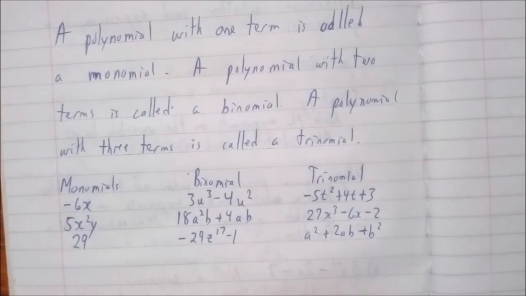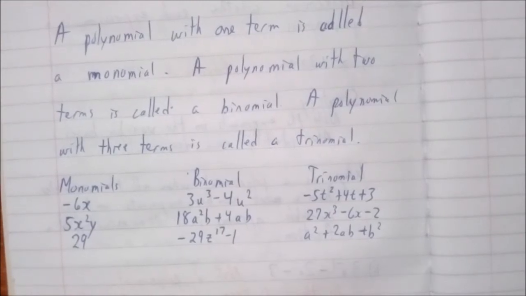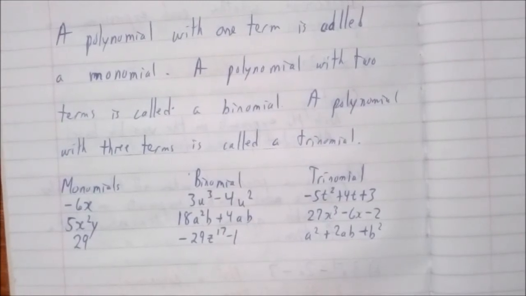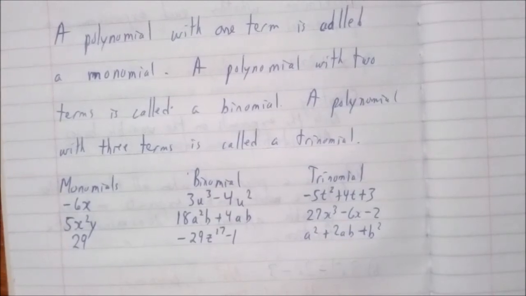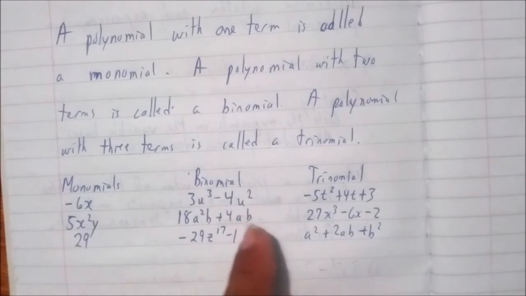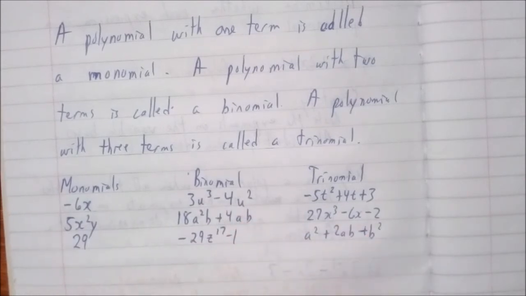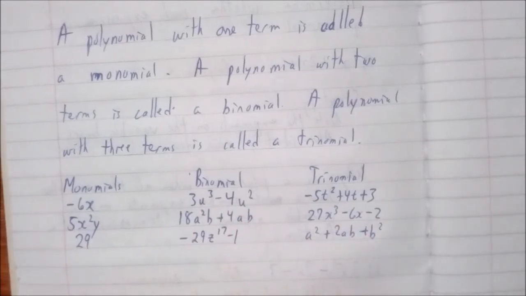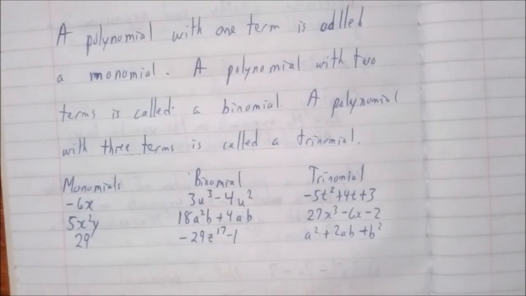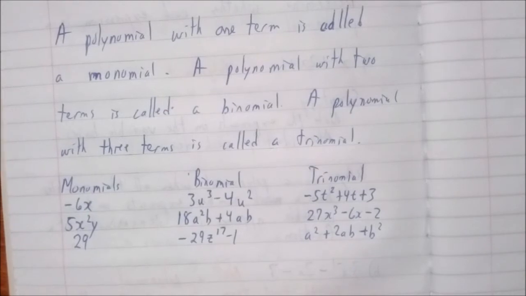Alright, so that is how we will be classifying them as binomial and be able to define the trinomials and so forth. So let's go with a few more examples. If I was to give you a term, you should be able to know if it's a binomial, trinomial, or monomial. So they are all polynomials.